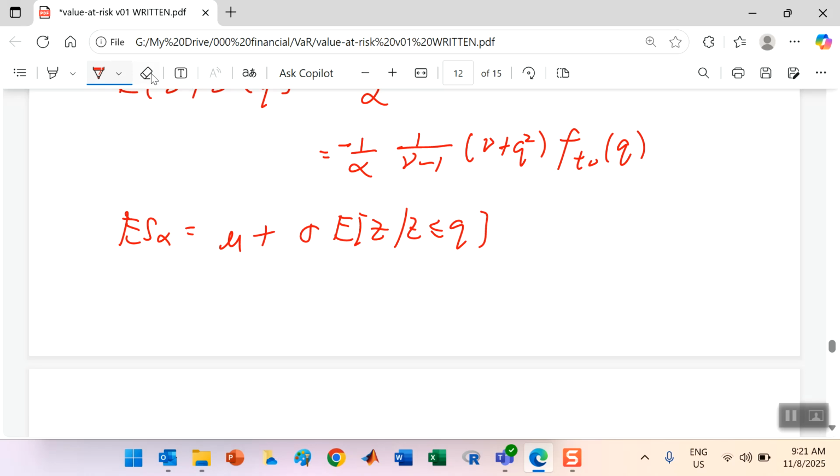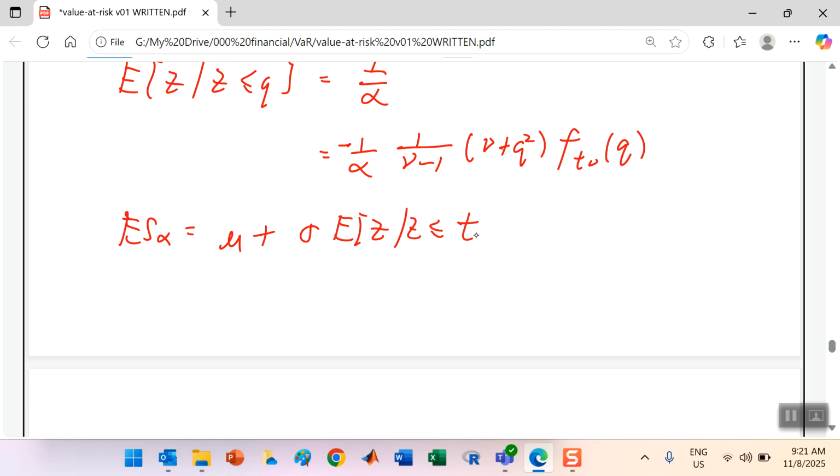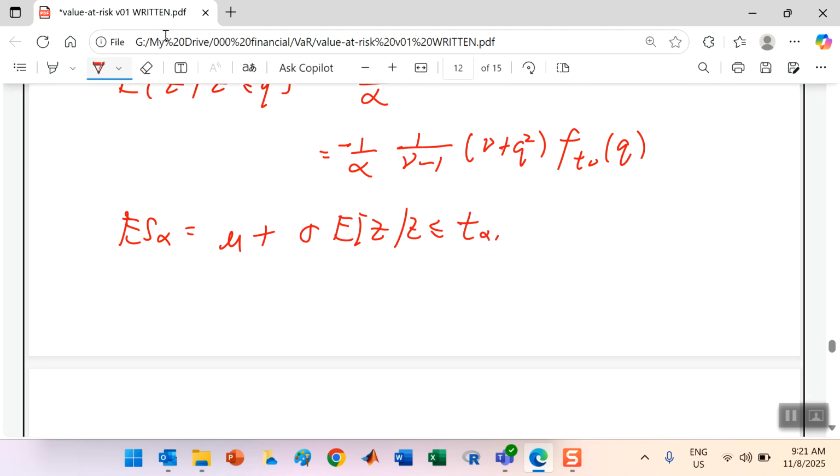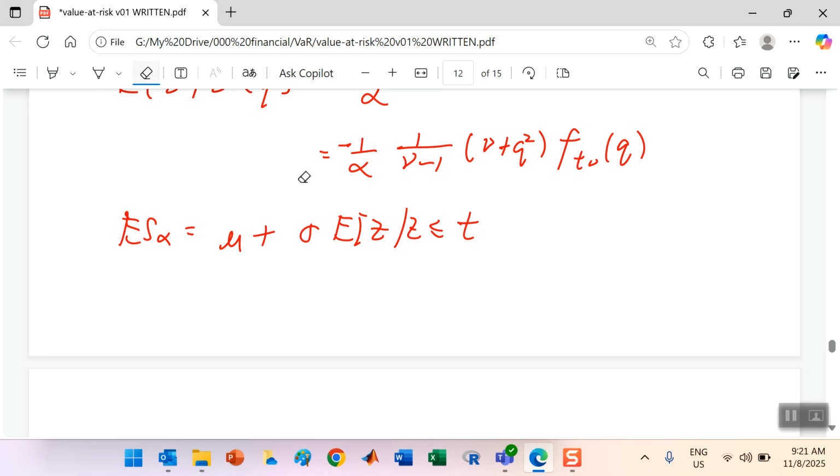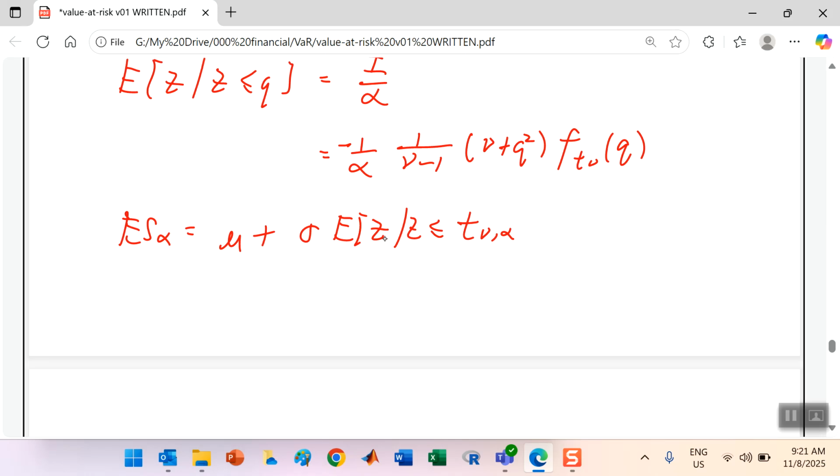But here we just refer back to the T value instead of the Q, which is the same value actually. Okay? But this one we're talking about the alpha. So the degree of freedom first, then the alpha. So we just refer back to alpha here.